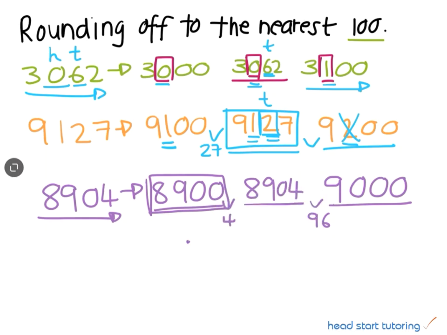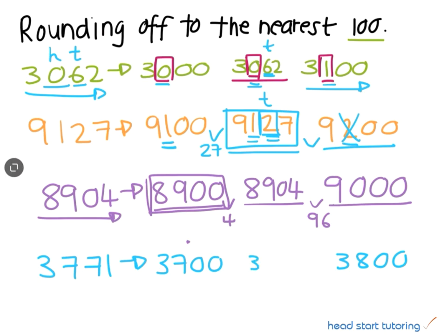Right, let's look at one more example. 3,771. Well, we've got 3,700 and 3,800 on either side of 3,771.